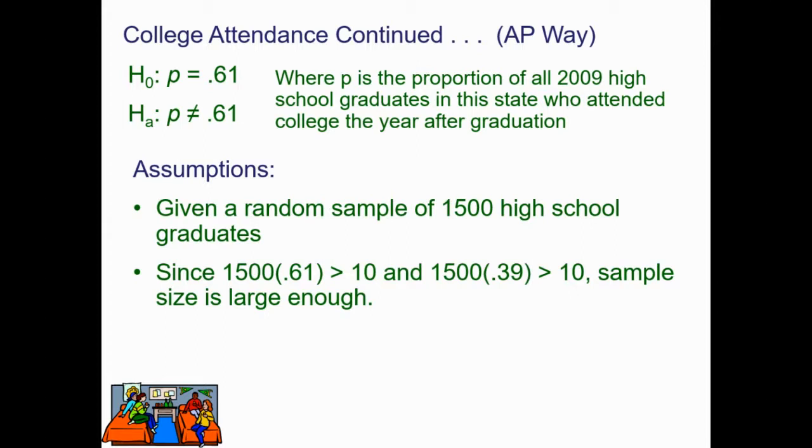size is large enough. Now, for dual credit, these 10s should be replaced with what? 5s. So, for dual credit, you'd replace the 10s with 5s. And these are blanks, so make sure you're filling in the blanks.